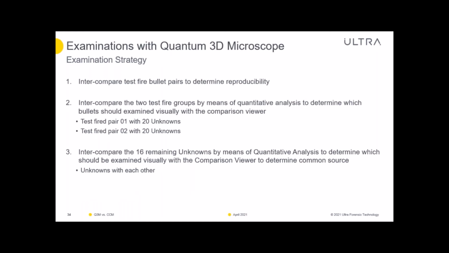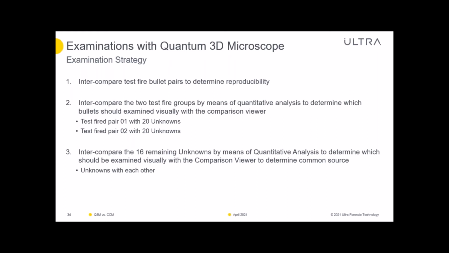My strategy with the Quantum 3D microscope was fairly similar to the conventional comparison microscope. So I first intercompared the test-fire pair bullets to determine reproducibility. I then intercompared the 2 test-fire groups by means of quantitative analysis to determine which bullets would be examined visually with a comparison viewer.